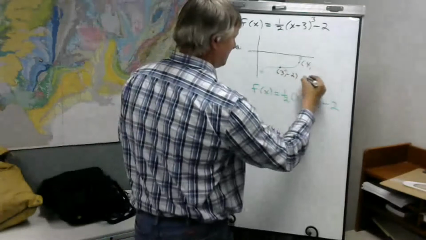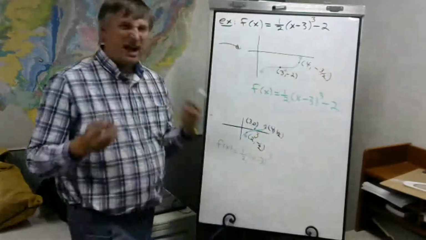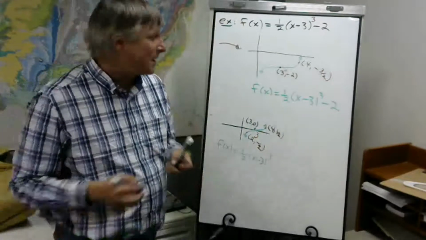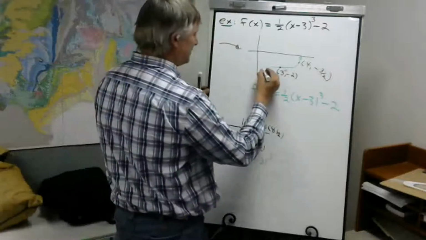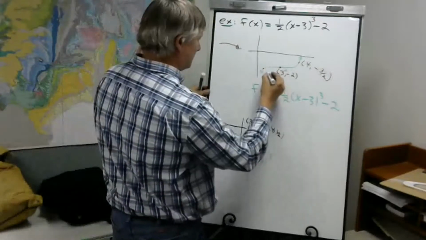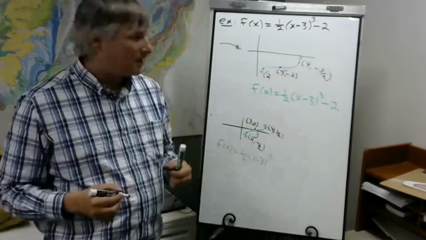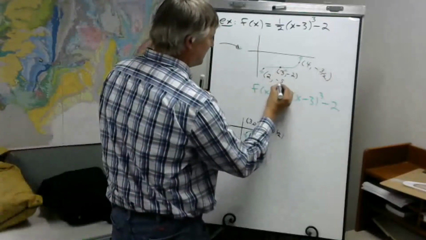Oh, yeah, minus 3 halves. A half minus 2 is minus 3 halves. And then this one here, 2, minus a half now becomes 2, minus 5 halves.